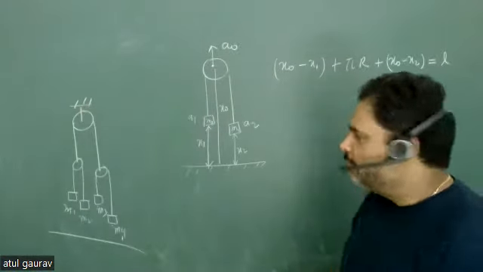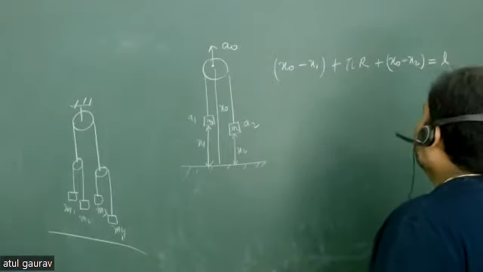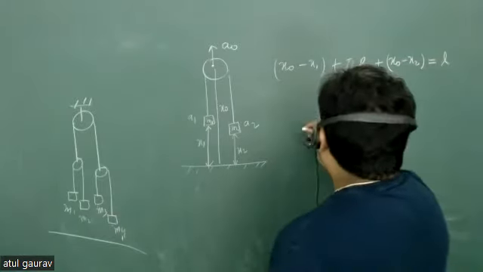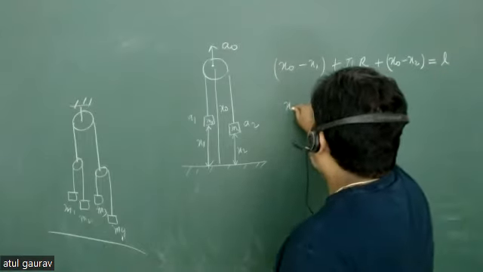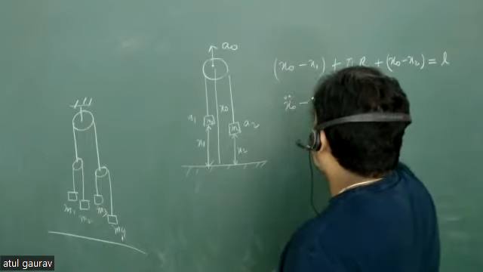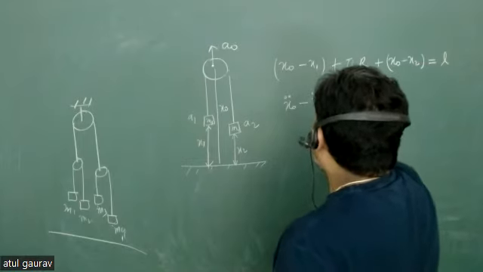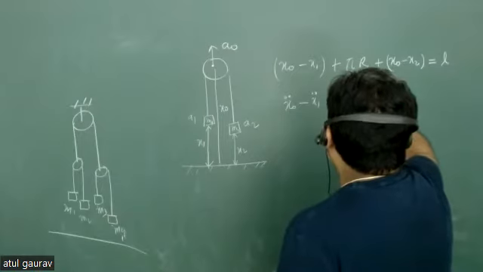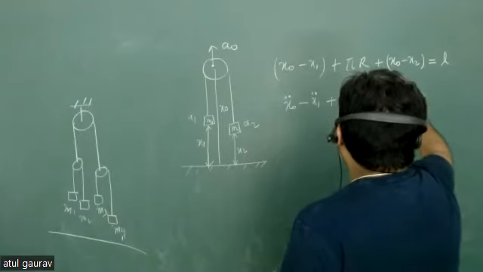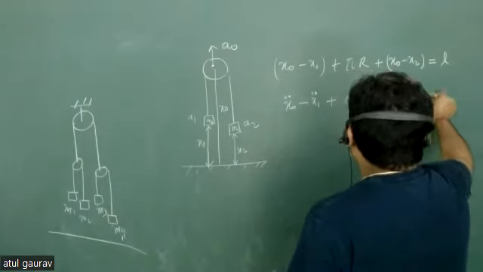Okay. Now what is going to happen? You can differentiate. Hence this length is fixed. Then x0 double dot minus x1 double dot plus 0 because this is constant, plus x0 double dot minus x2 double dot is equal to 0.